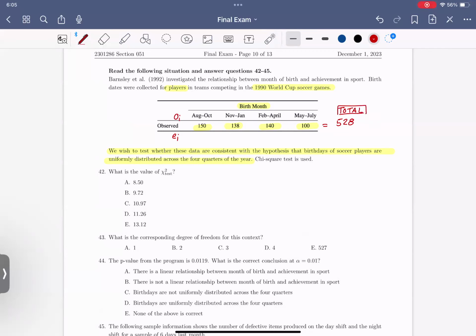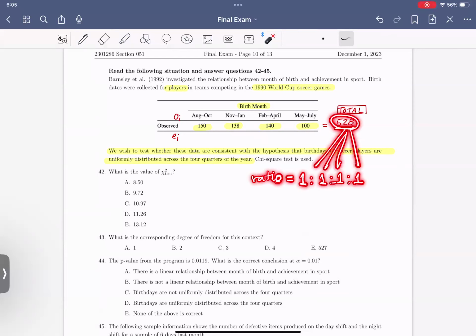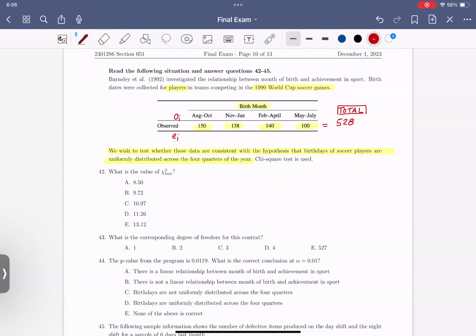If you believe that the null hypothesis is 1 by 1 by 1 by 1, it means that you believe the ratio is 1 by 1 by 1 by 1. So if you split 528 with the proportion 1 by 1 by 1 by 1, you're going to get the EI. If you do 528 over 4, you're going to get 132.